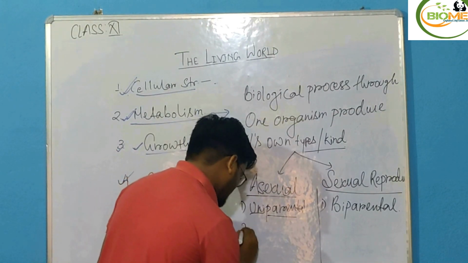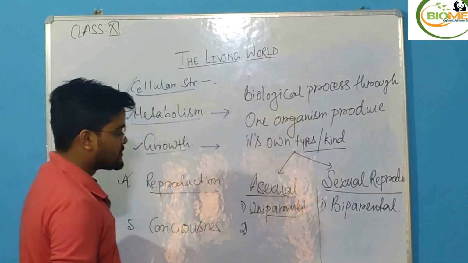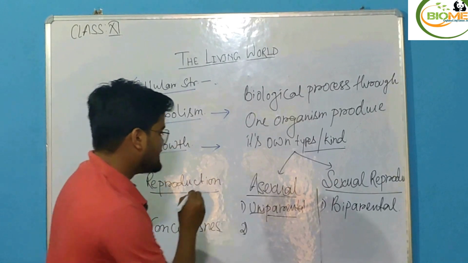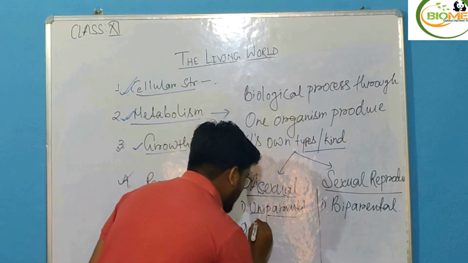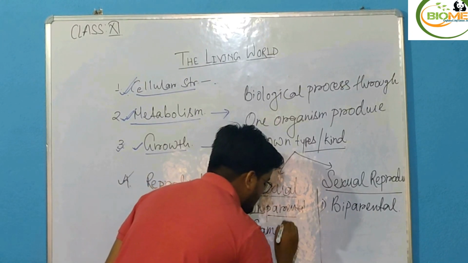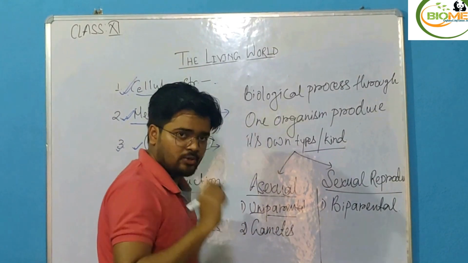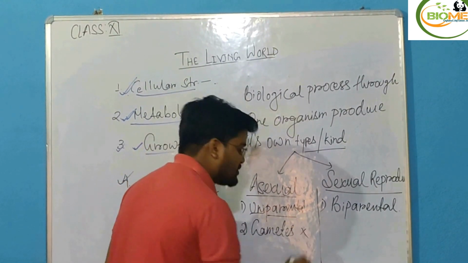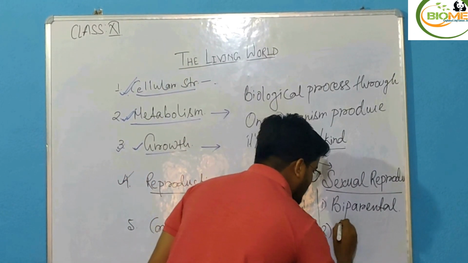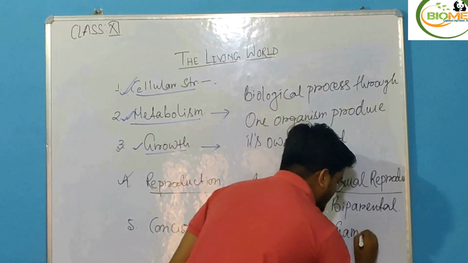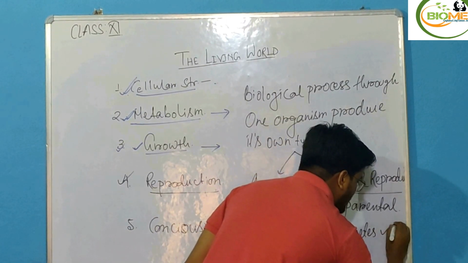Second point. In asexual reproduction, generally gametes are not produced, but in sexual reproduction gametes are produced.